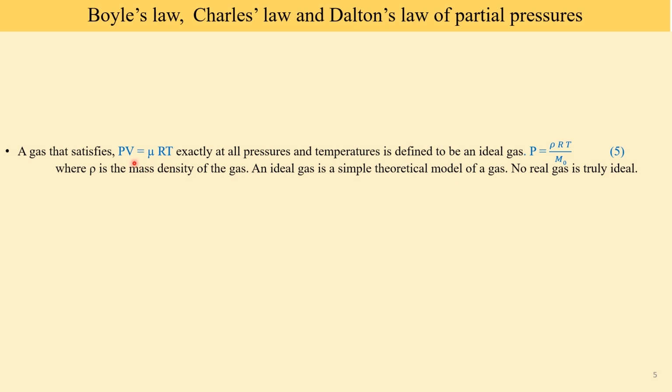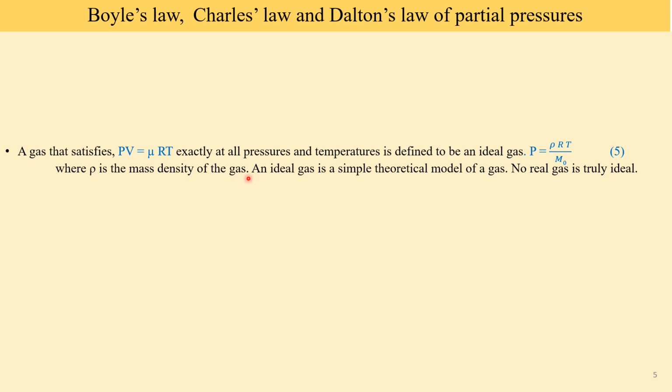If a gas satisfies this relationship PV is equal to mu RT at all temperatures and pressures, then it is defined to be an ideal gas. Another useful form of the relationship is P is equal to rho RT divided by M naught, where rho is the mass density of the gas and M naught is the molar mass.